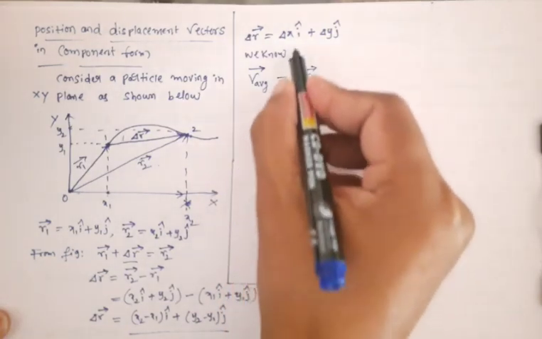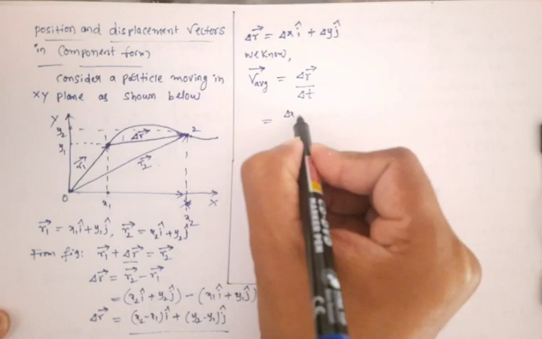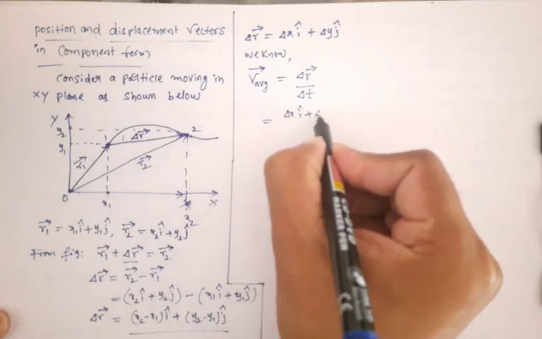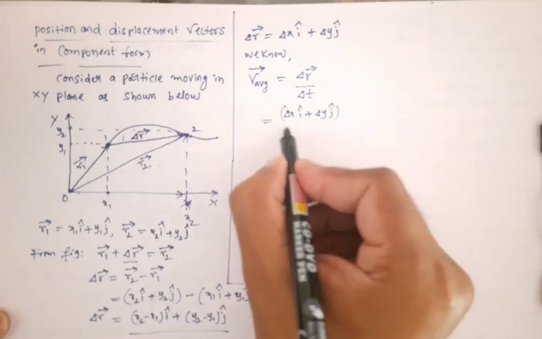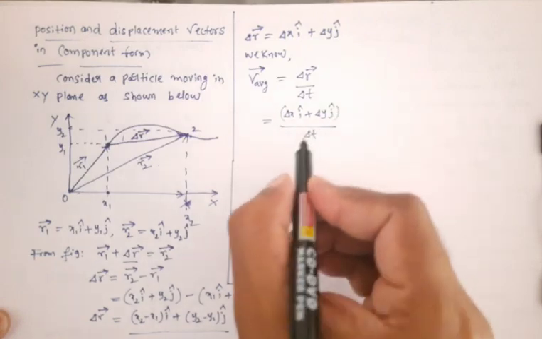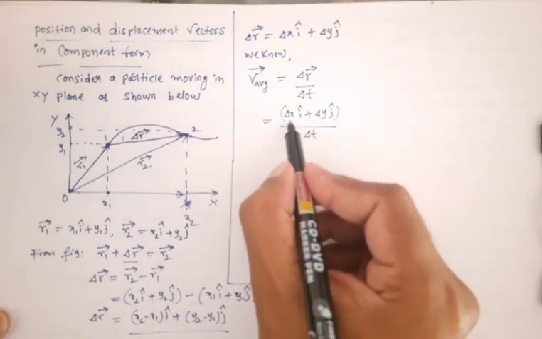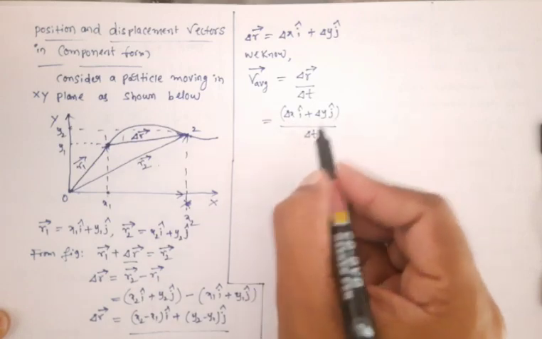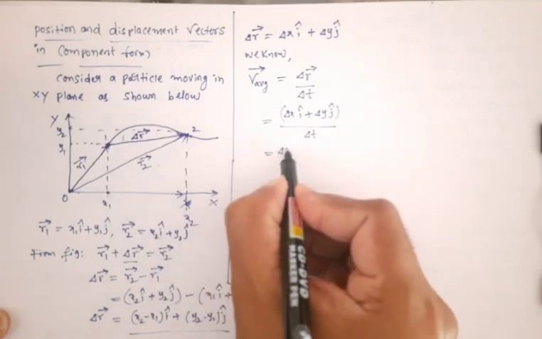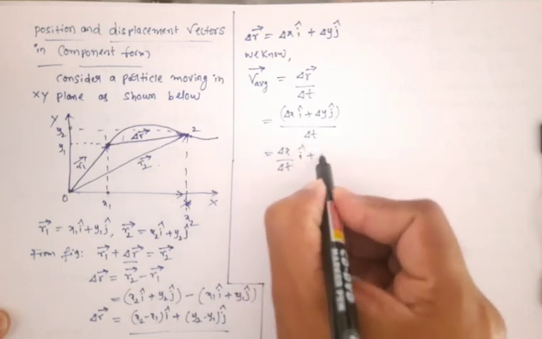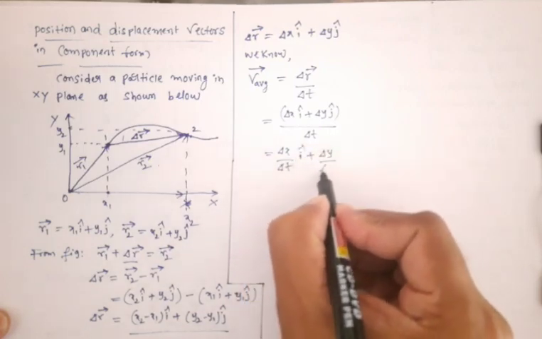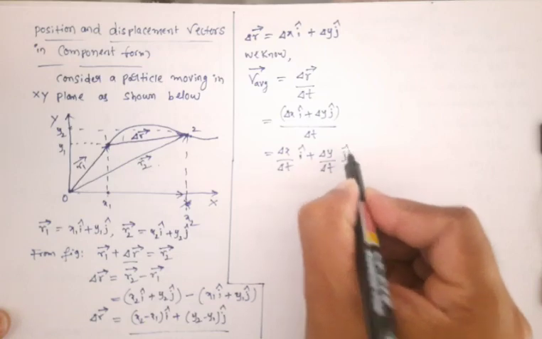Delta r bar we have already written: that is delta x i cap plus delta y j cap, divided by delta t. Now delta t can be applied for delta x individually and for delta y individually. So delta x by delta t into i cap, plus delta y by delta t into j cap.